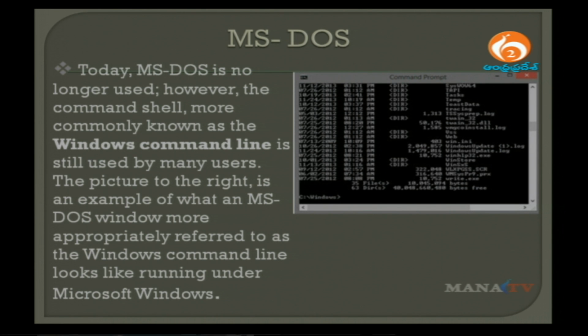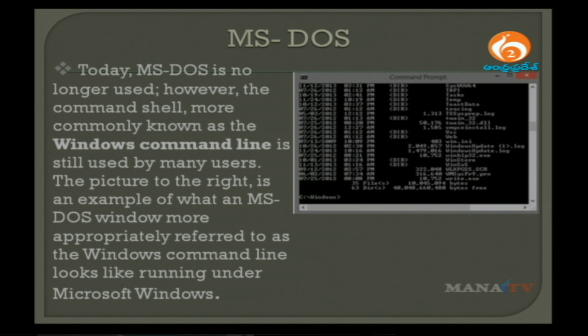Today MS-DOS is no longer used, however, the command shell, more commonly known as the Windows command line, is still used by many users. The picture to the right is an example of what an MS-DOS window, more appropriately referred to as the Windows command line, looks like running under Microsoft Windows.